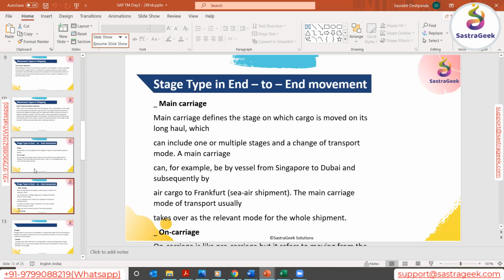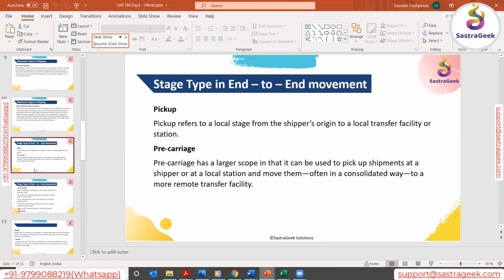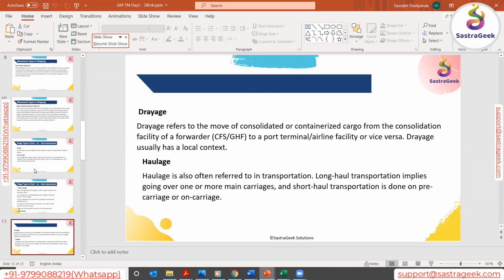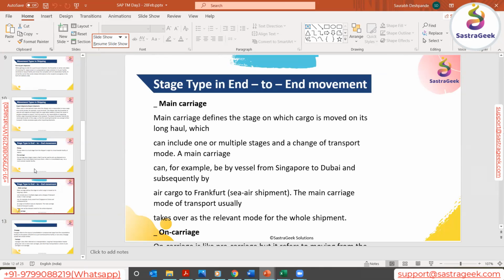On carriage and pre-carriage are basically not so utilized, but they are good to know for the basics of transport system.